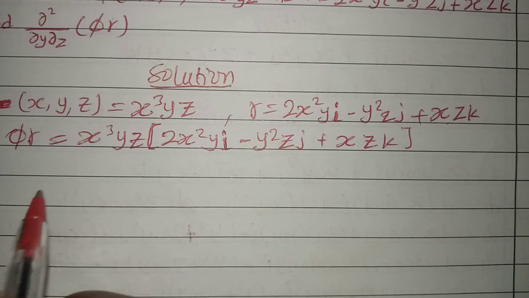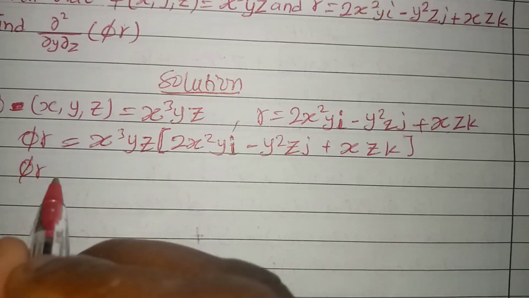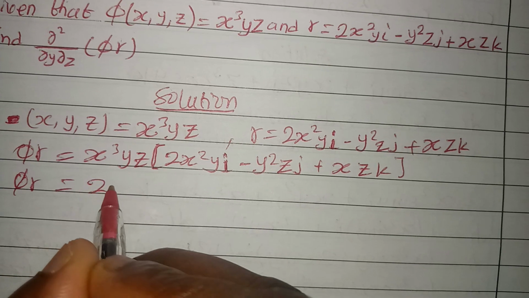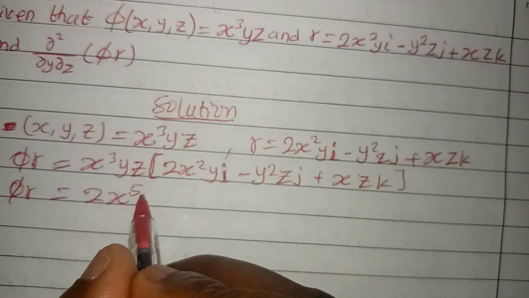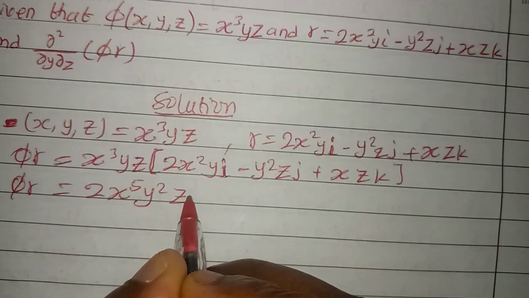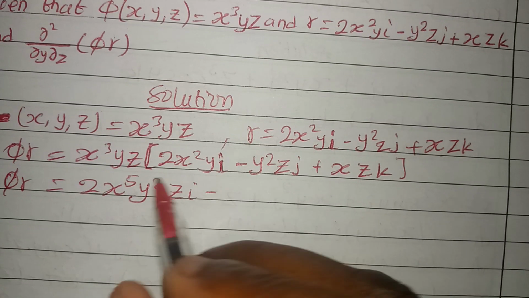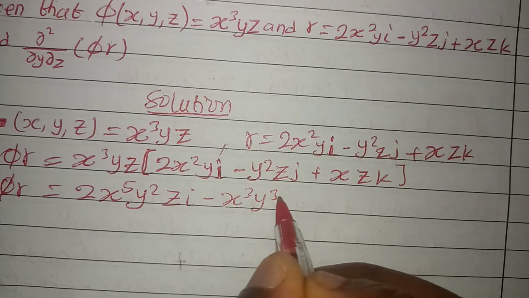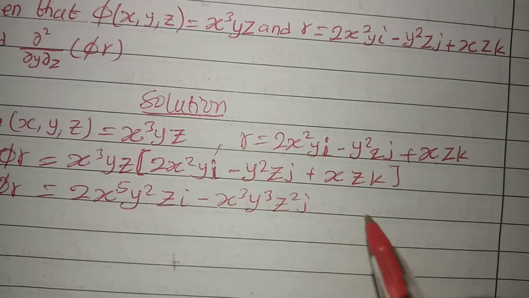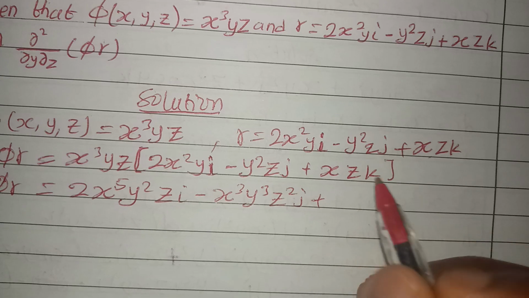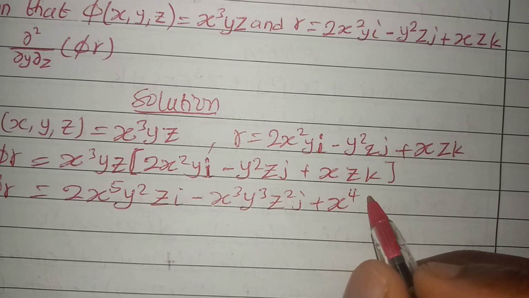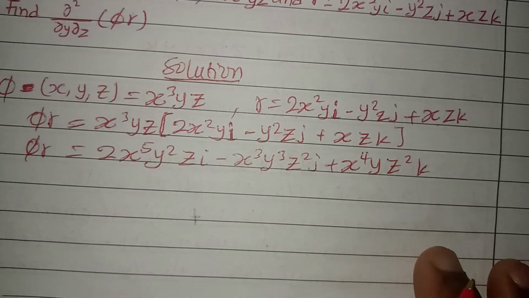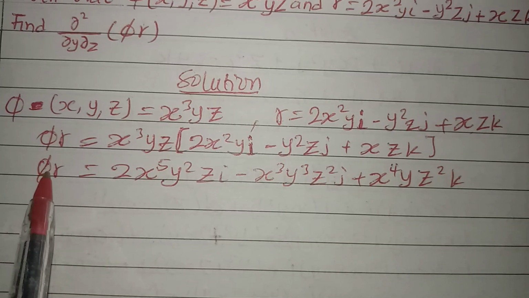If you perform this, you are going to have phi of r equal to everything multiplied by this term, that will be 2x exponent 5, y squared z i, minus everything multiplied by this term, that will be x exponent 3, y exponent 3, z squared j, plus this multiplying with everything here, that will be x exponent 4, y, then z exponent 2. Okay, so we've been able to get this.